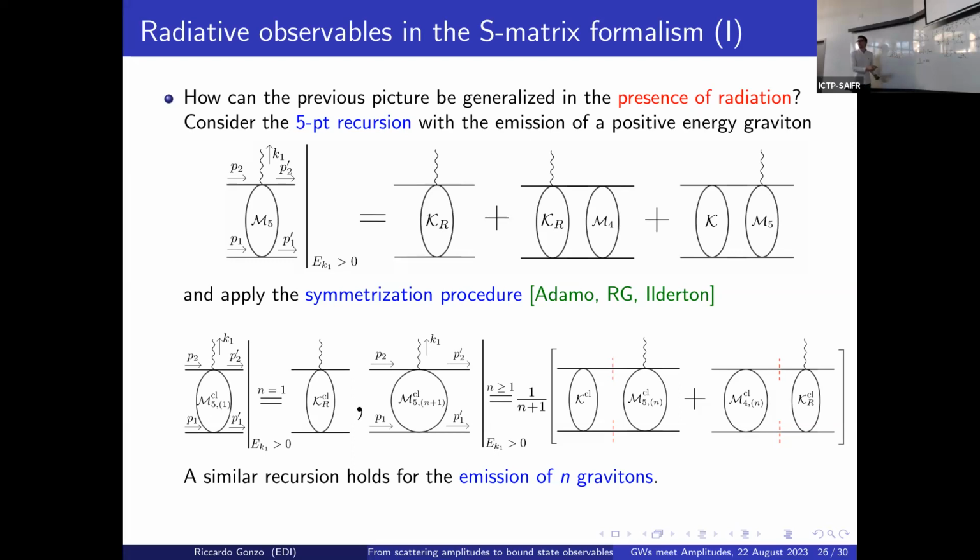You have a factor of kappa here, so it's order G squared. That's the angular momentum emitted in the scattering. And it has a contribution from these 3 points supported on zero energy. So that's integrated in the phase space for the angular momentum expectation value. And so this is related to this BMS ambiguity.